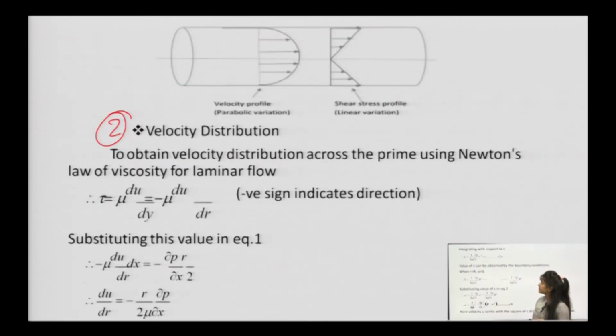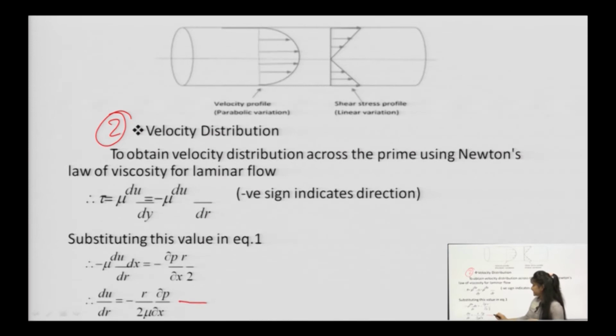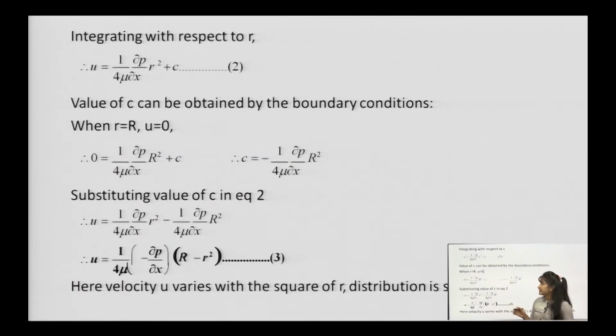Previously, this entire equation was in terms of R, in the term of du, and you need to calculate u. So for calculating, we need to integrate it. After integrating, we get the equation in terms of a constant. Now, the question comes, how will we remove this constant c?